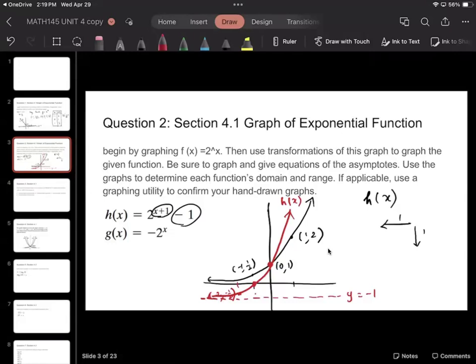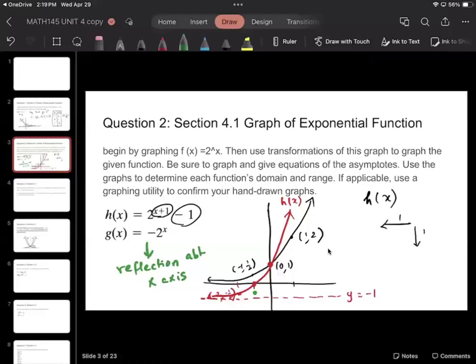Then -2 to the power of x. That graph is simply a reflection about the x-axis, meaning all the y values become opposite. Nothing happens to the x value, which means my first point will become -1, -1/2.